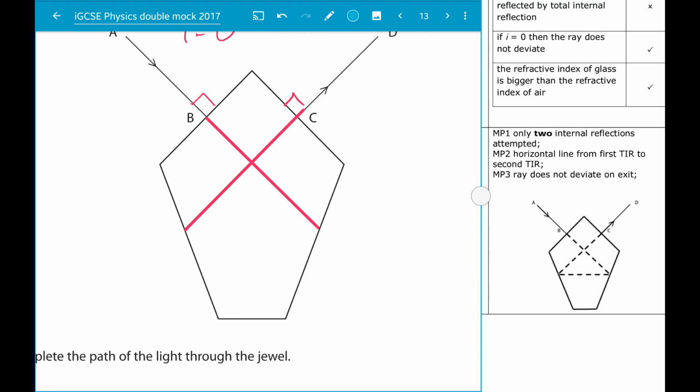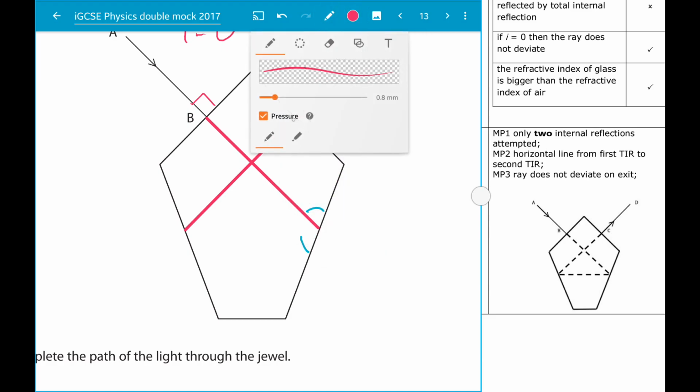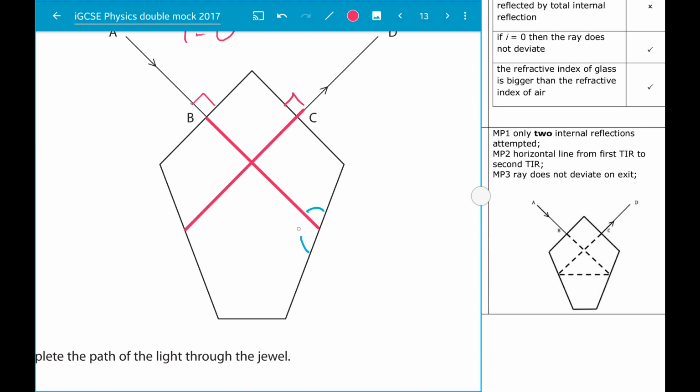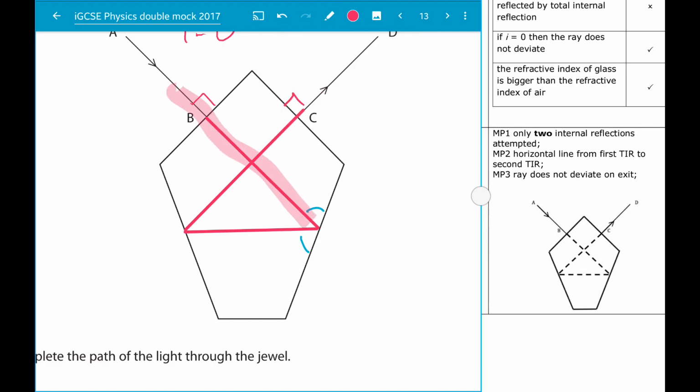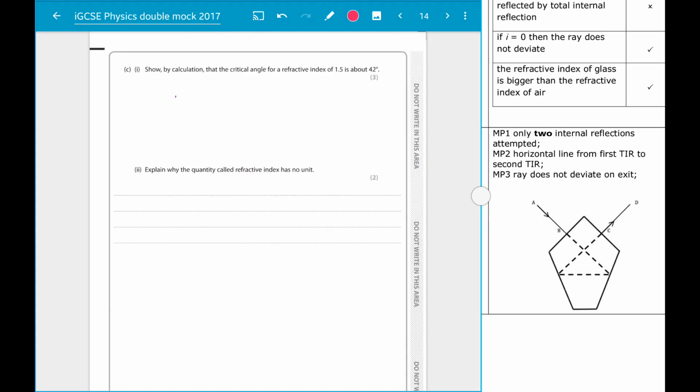This angle between the ray and the surface should be exactly the same as the angle that the ray comes out at. So let's keep the colors the same. Let's have another straight line. That must be around about like that, and you can see that it's actually meant to match up with this one. And what happens is the path of light in total will go along here, bounce there, and then along there again. Gets you 3 marks.